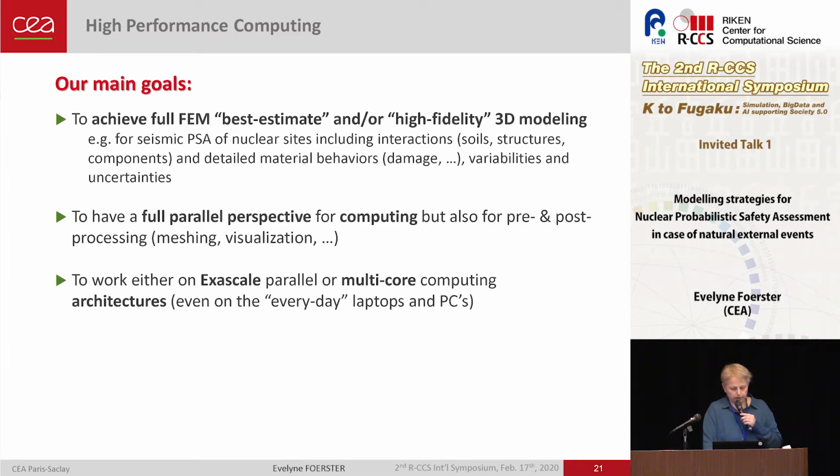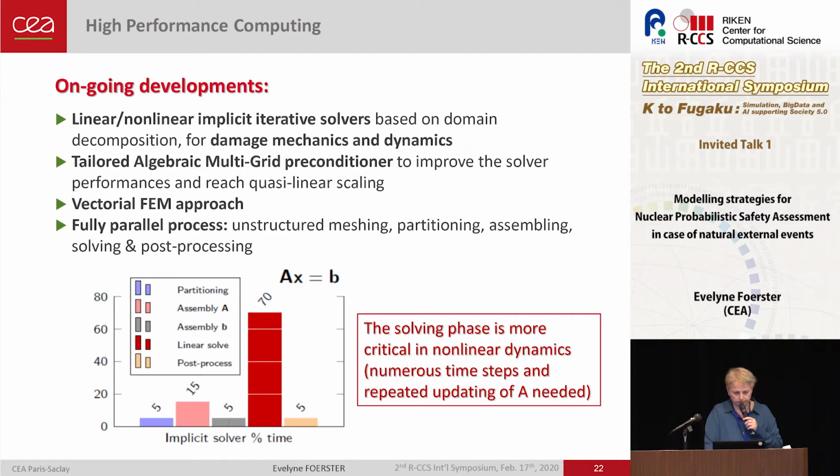So we want to have a full parallel perspective for computing, and also for all the chain, and to work on exascale or multi-core computing architectures. But we are also trying to have another way, which is to improve the everyday laptop, which already has a few cores, to improve the practice and to use these methods.